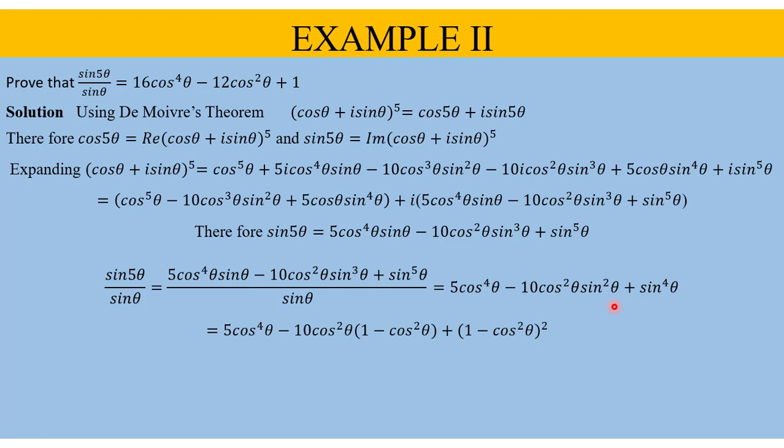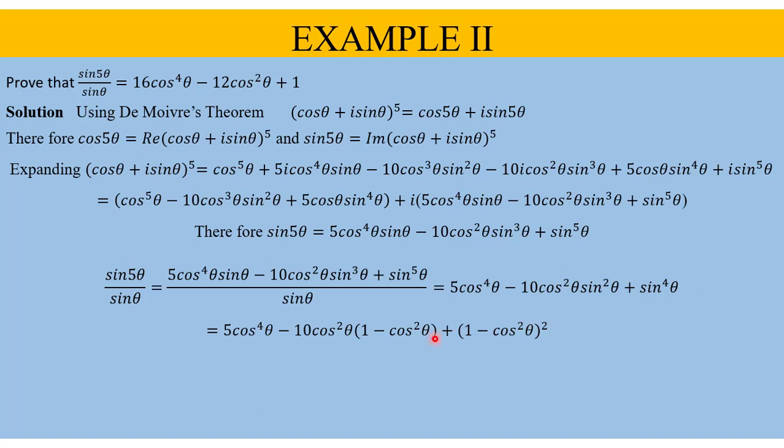In the next step, we shall have to substitute for sin squared theta, since in the proof we want only cos. So we shall have 5 cos power 4 theta minus 10 cos squared theta into 1 minus cos squared theta plus 1 minus cos squared theta, then squared.